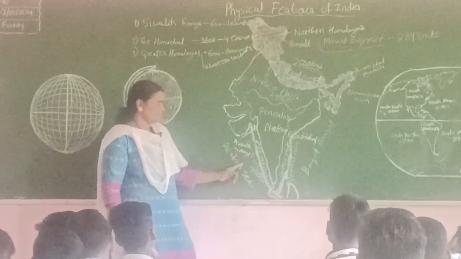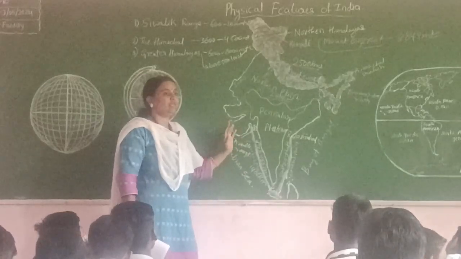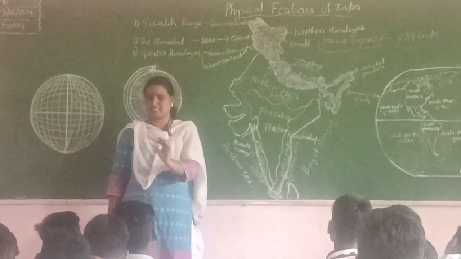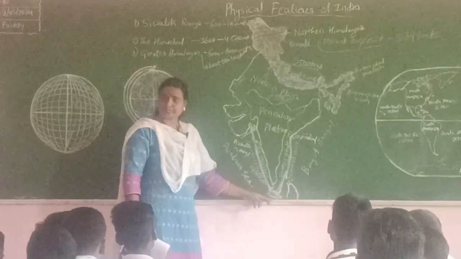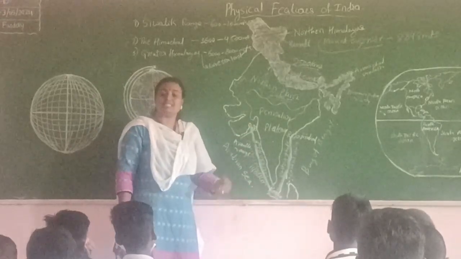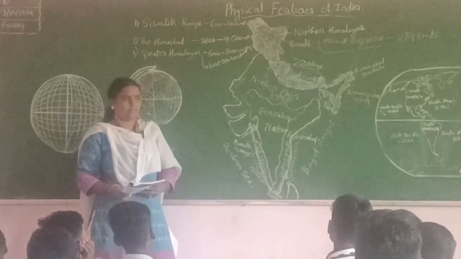If they ask from where to where the Western Ghats extend, it means the Aravalli ranges to Kanyakumari. The Eastern Ghats are from Kanyakumari to Rajmahal Hills.